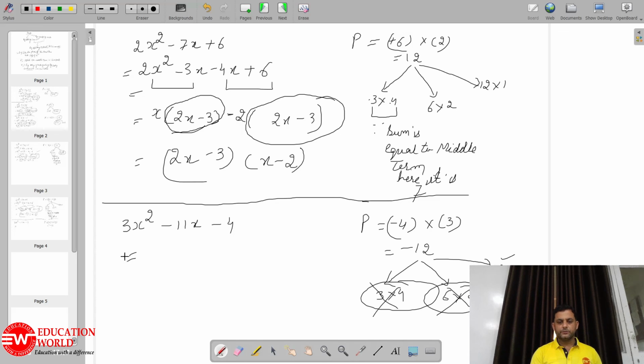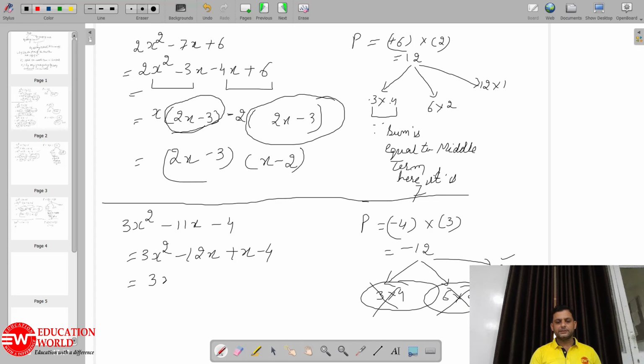So the bigger term, as I already explained in the previous question, will get the minus sign, so minus 12 and 1 will be positive. So minus 12x plus x minus 4.